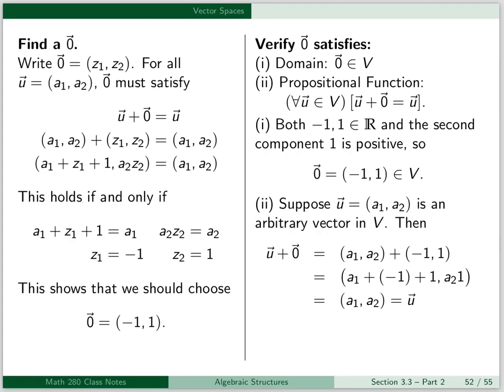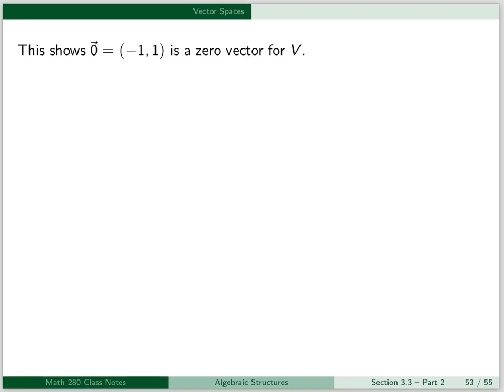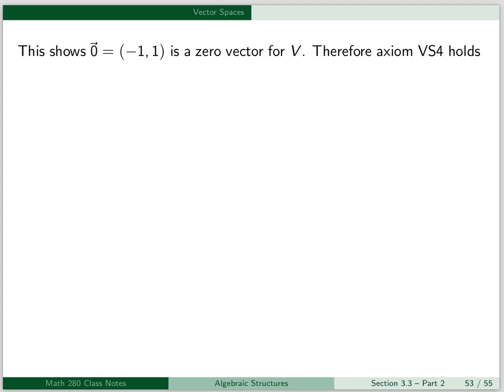In the second component, a2 times 1 is just a2, and so we get a1, a2, which is our original vector u. And this equals the right side, so proves the propositional function. And this shows that 0 equal minus 1, 1 is a zero vector for V, and therefore axiom VS4 holds.